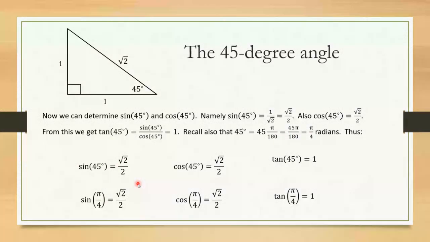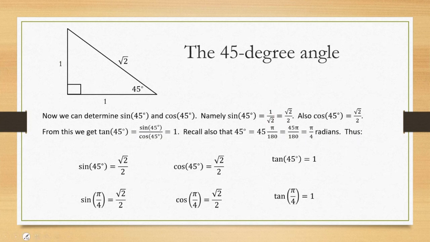Yeah. So how did you get from sine of 45 degrees is 1 over square root of 2, and then you got square root of 2 over 2? How did you get that that's equal to square root of 2 over 2? Oh, how these two are equal here, you mean? Yeah. It's just you can multiply top and bottom by the square root of 2.